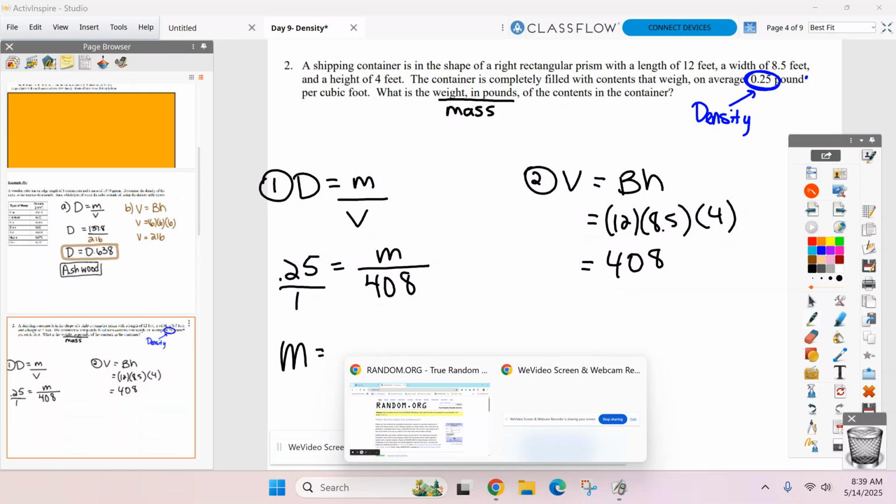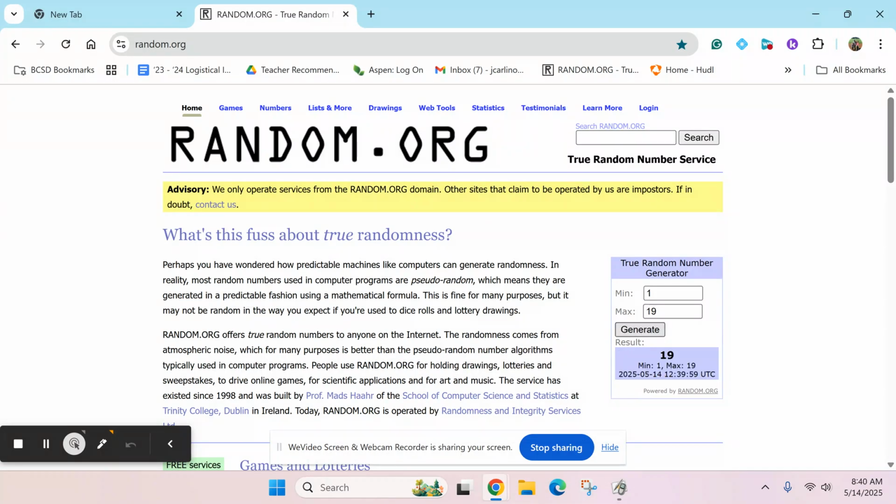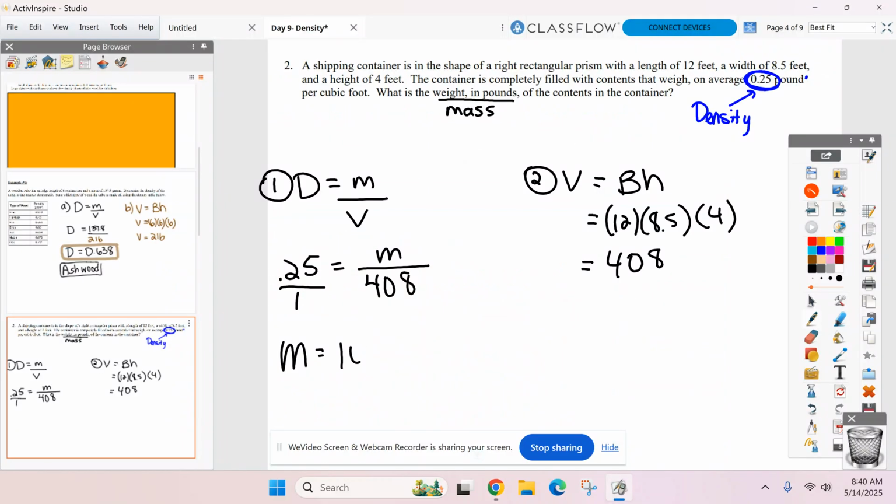What is the weight in pounds? Let's go nearest pound here. Actually, there's no reason to round, right? That's probably why I didn't put any directions on. No need to round on this one. 102. Good job, 102 pounds.